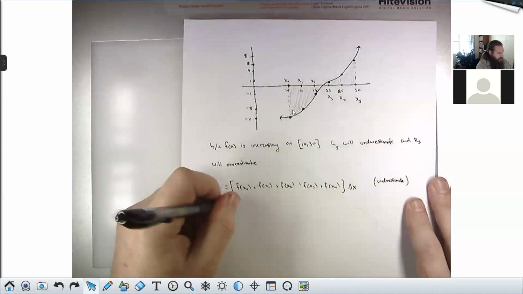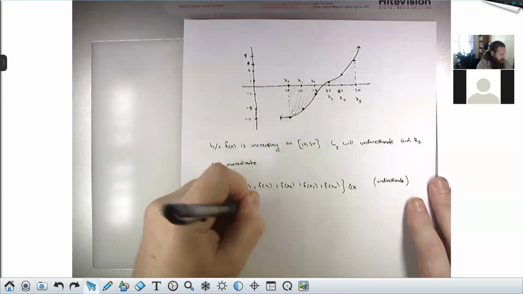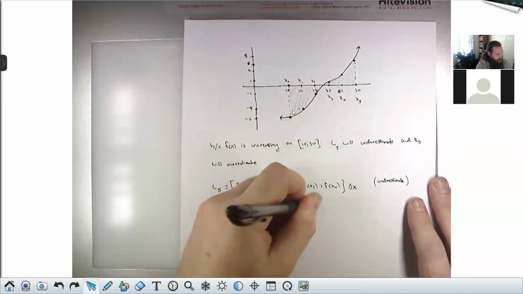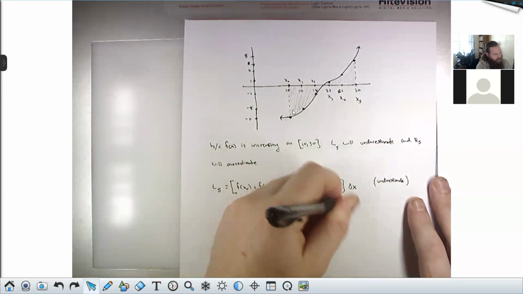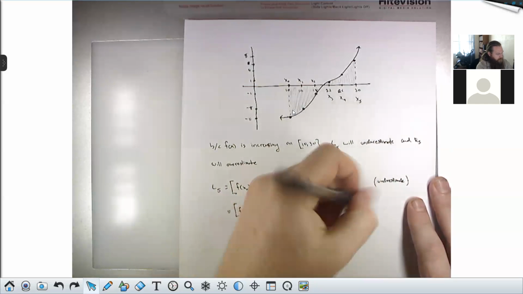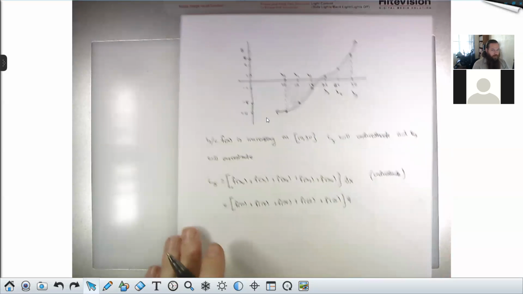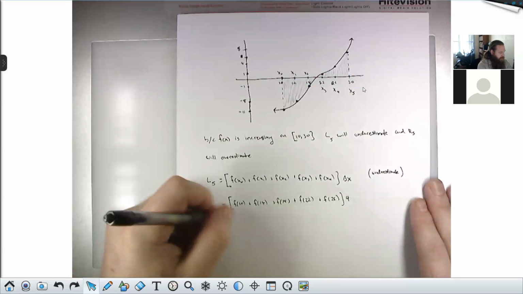And that is f of 10 plus f of 14 plus f of 18 plus f of 22 plus f of 26, all times the width between any two of these, which is 4. So in L5, we don't use the last guy. We use the first few. And then in R5, it's going to be the other way around. We won't use the first guy, but we will use the last guy.